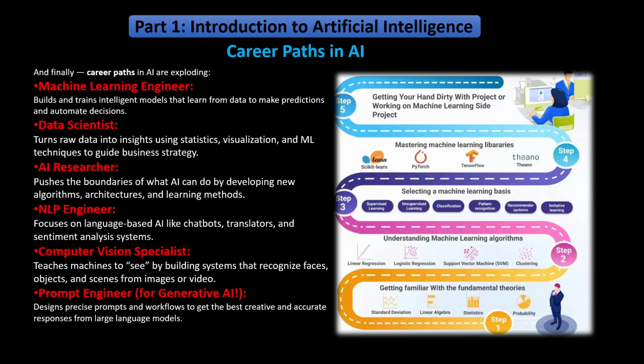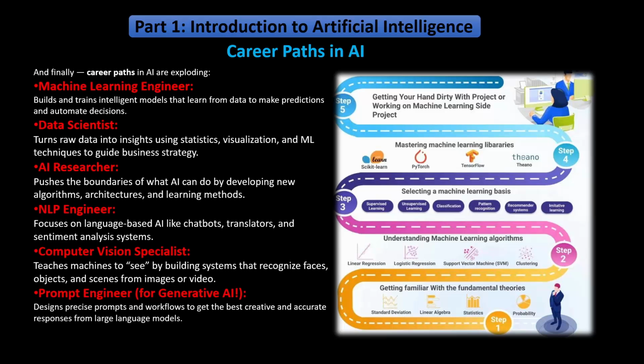NLP engineer. An NLP engineer focuses on language-based AI. They deal with textual and audio data, like creating chatbots, translators, text generators, sentiment analysis. So all problems related to textual and audio data can be handled by an NLP engineer. That is really in demand nowadays as well. Computer vision specialist.